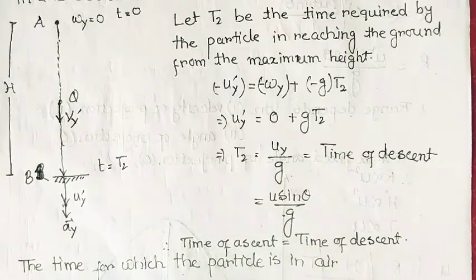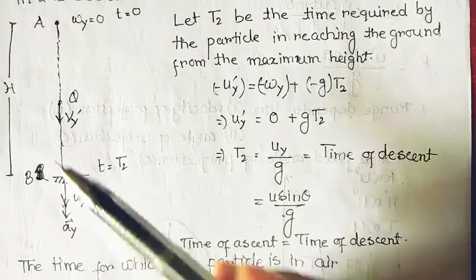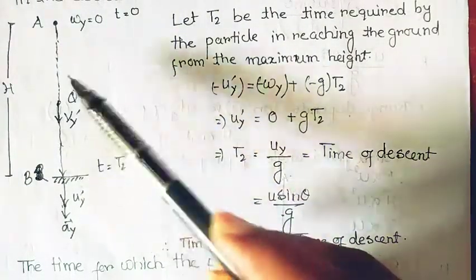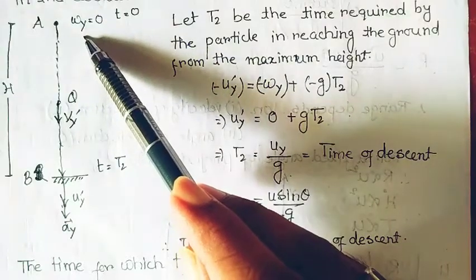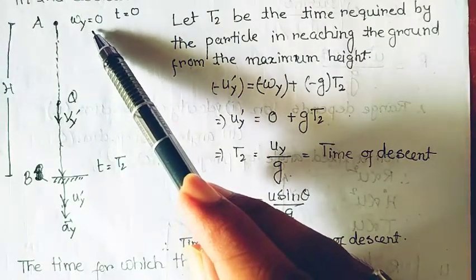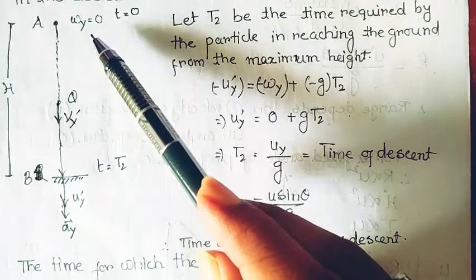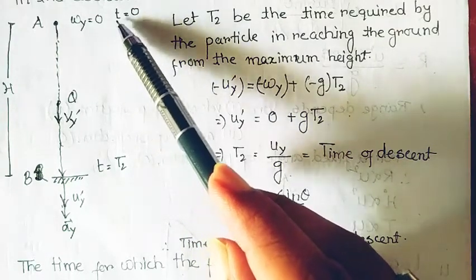Now we are going to calculate the time of descent. It is the time taken by the particle to reach from the point capital A to the point capital B. When the particle is at the point capital A, at that time the y component of velocity is 0. Let us consider we have started analyzing our motion at that particular time, so t is equal to 0.